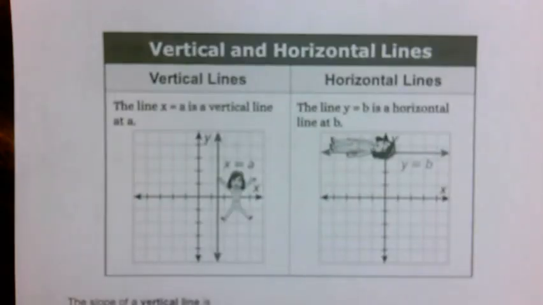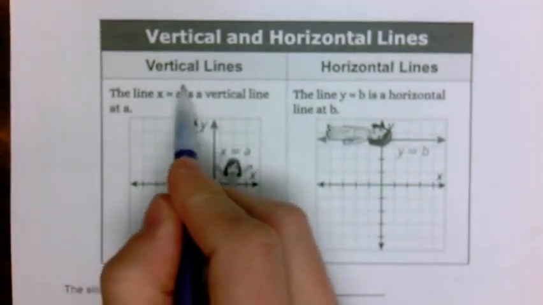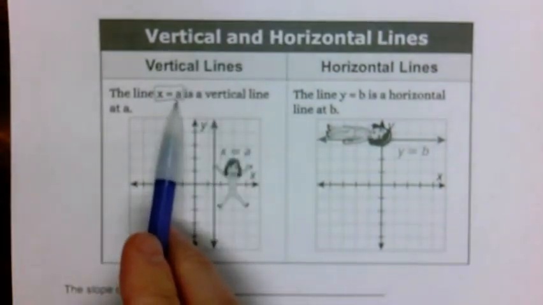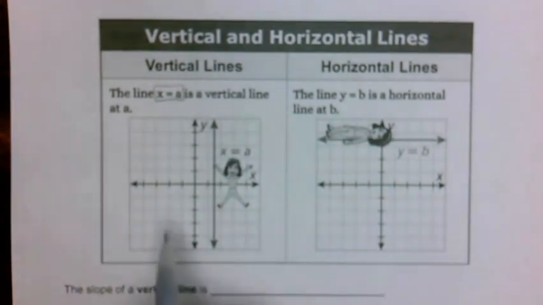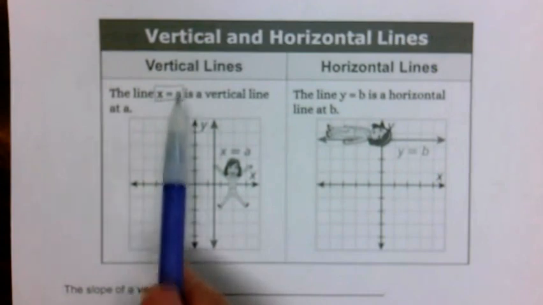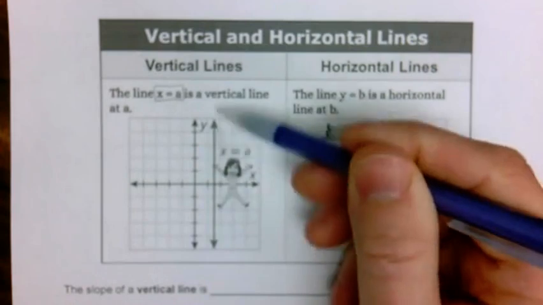Our previous two examples have shown us what the equations of vertical and horizontal lines will look like. If I have a vertical line, then my equation is going to be x equals some constant a. The line x equals a is a vertical line at a. So the value of every x coordinate on that line is going to be some constant, and it's going to be a vertical line like this.